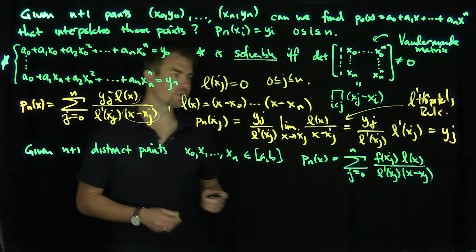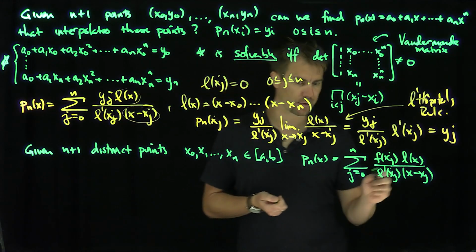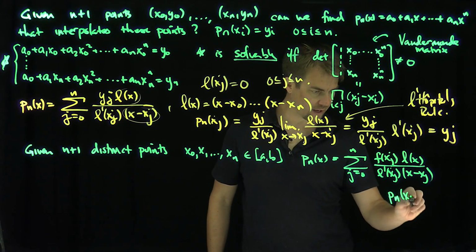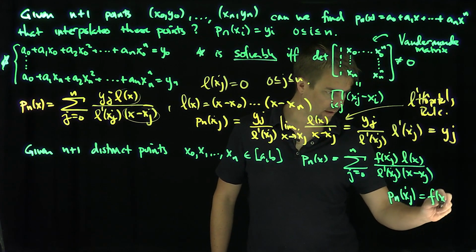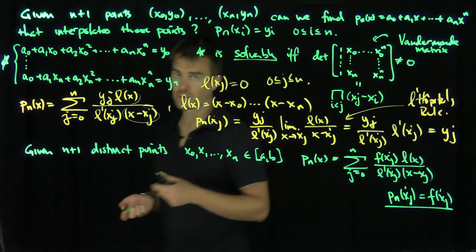So in other words, this polynomial has the same value as the continuous function at those points: Pn(xj) is equal to f(xj). This polynomial agrees with that function at those n plus 1 points.